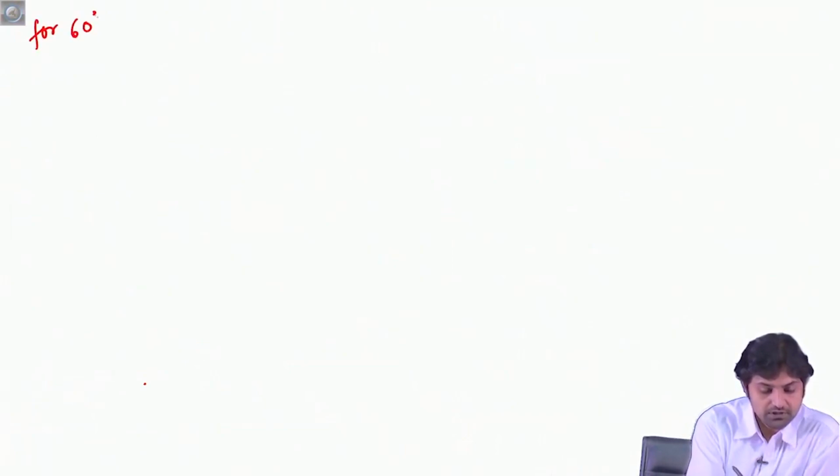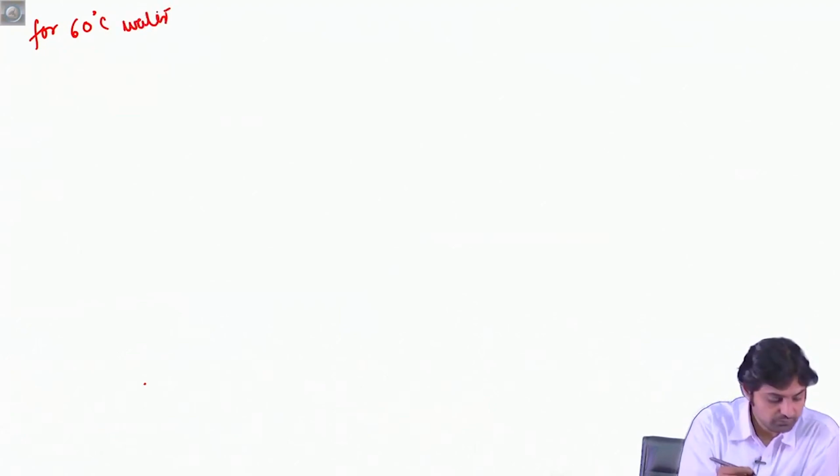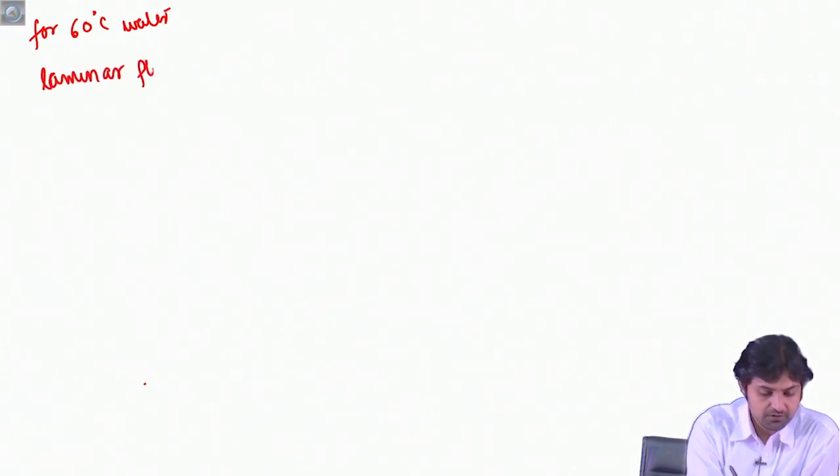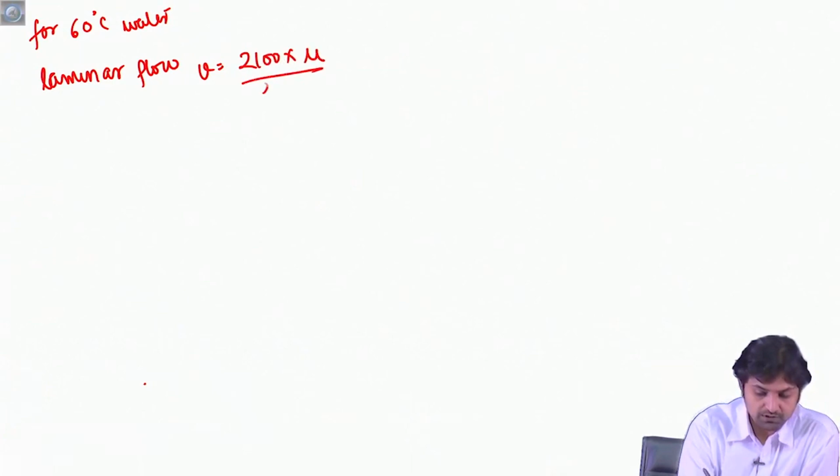For 60 degrees centigrade water, for laminar flow the velocity is 2100 into mu by rho d.